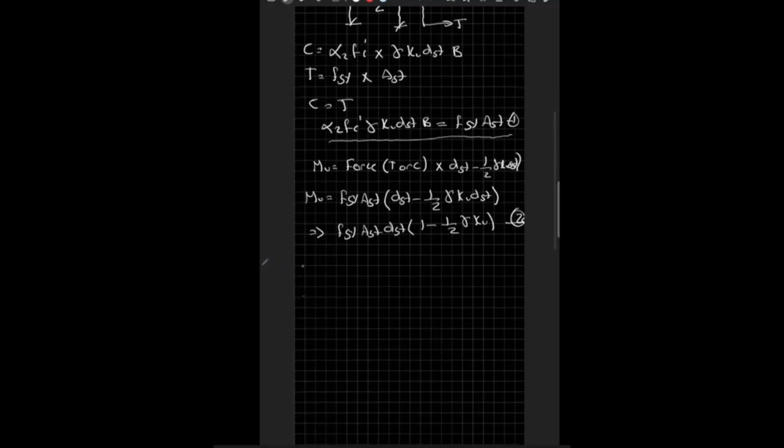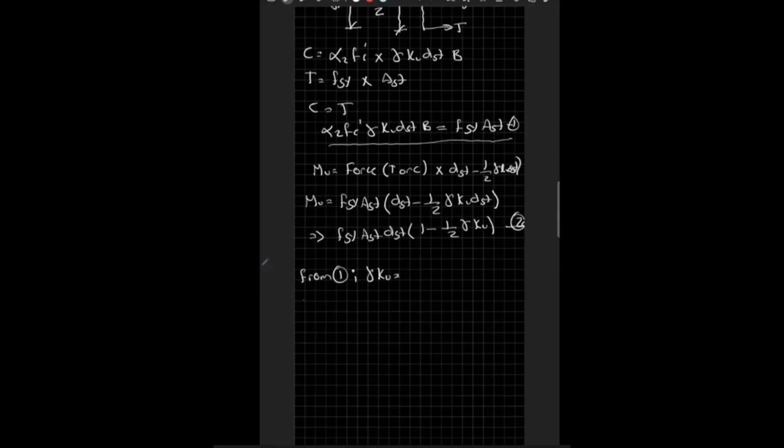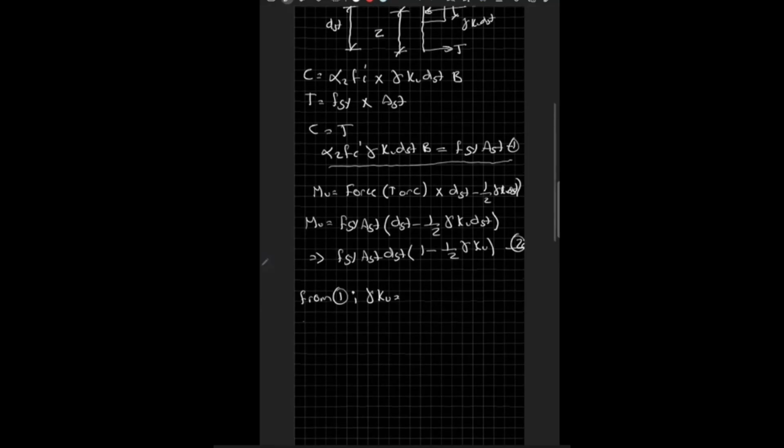So from 1, gamma ku is equal to Fsy, area of steel, divided by alpha 2, Fc dash, dst, multiplied by B.